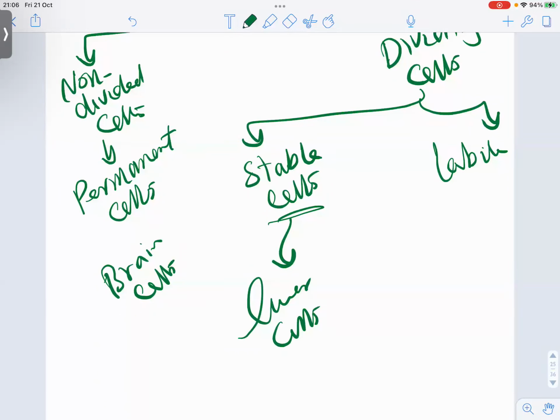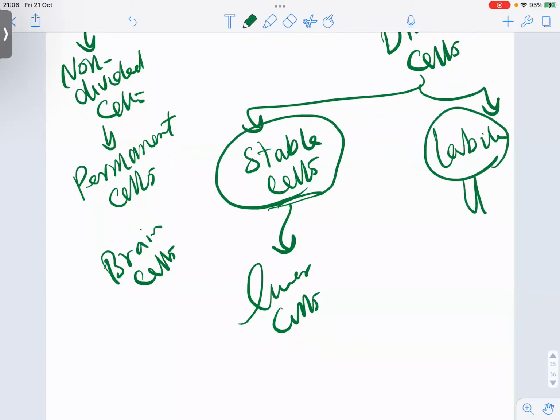Of course, your liver doesn't divide, but if you get some accident or you cut some lobe during surgery, like a hepatectomy, then the liver will turn from stable to labile cells and start to compensate and restore the real number of liver cells. But labile cells are always dividing, like your skin cells. Each 3 or 4 days, your skin is regenerated. So skin cells are always dividing.